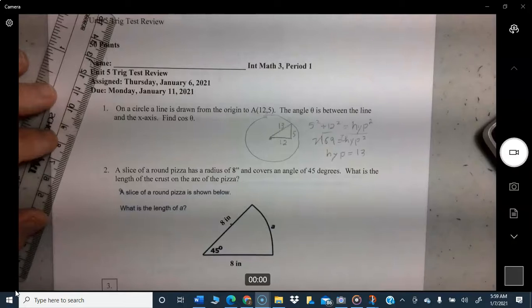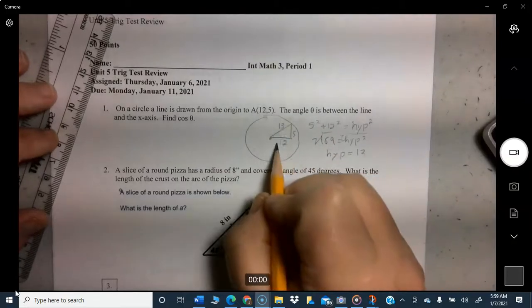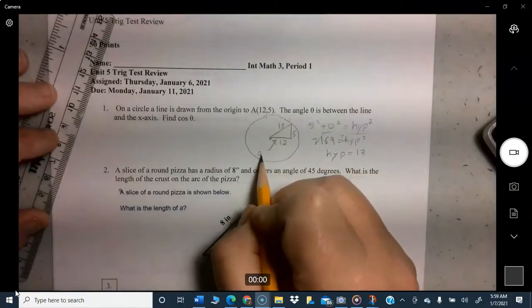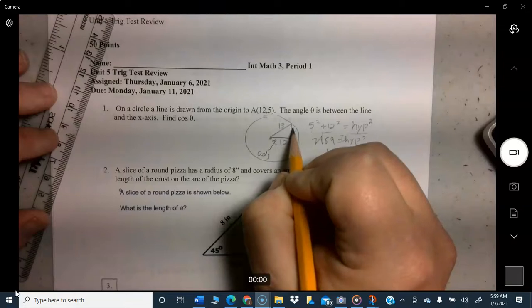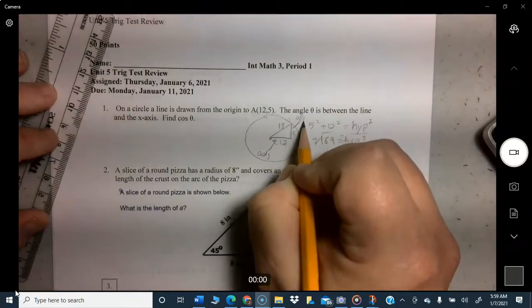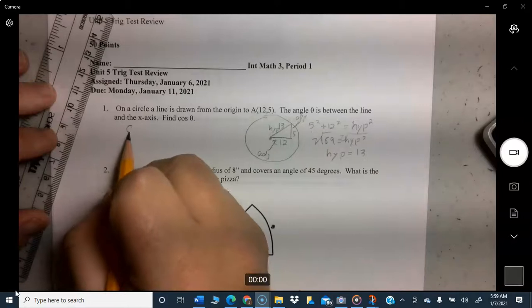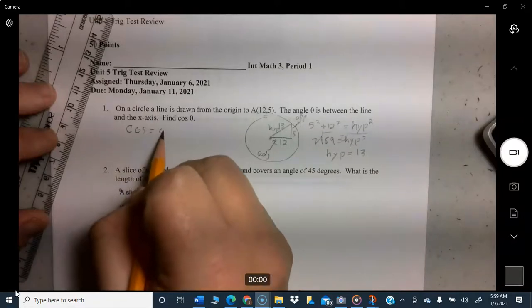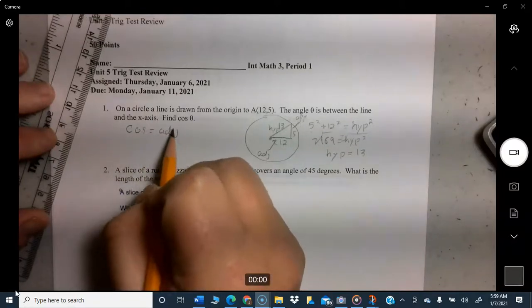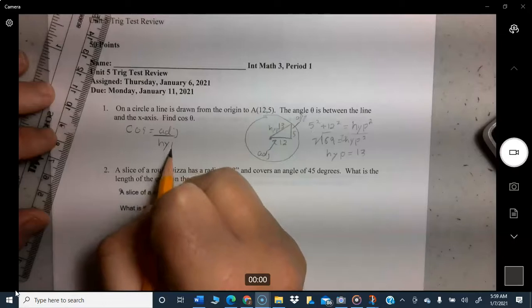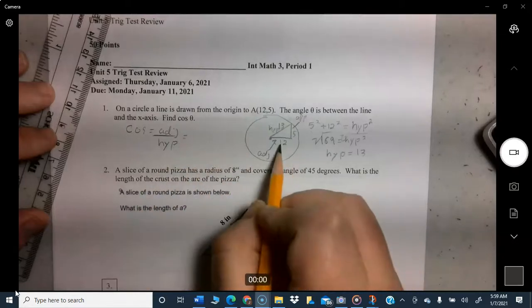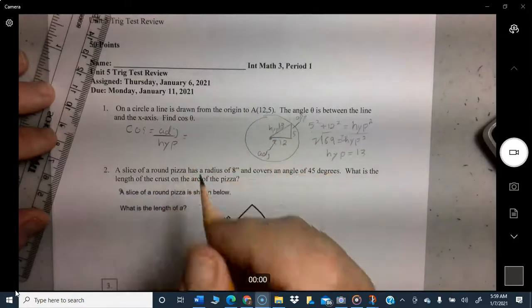All right, so it's asking you for the cosine. So the cosine, remember the sides are, this is the adjacent, this side is the opposite, and this is the hypotenuse. So cosine equals adjacent over hypotenuse, which for this particular triangle is 12 over 13.